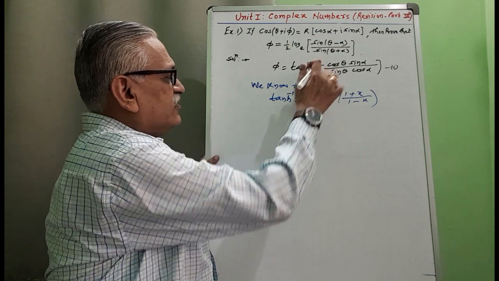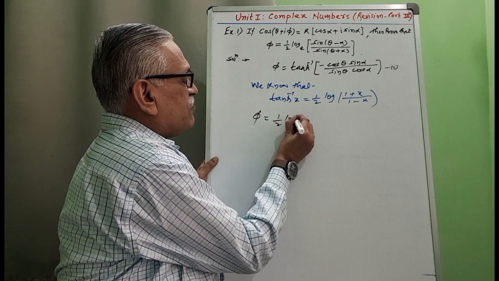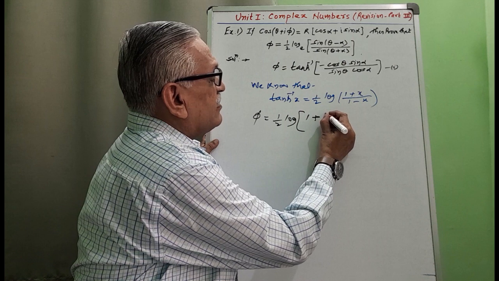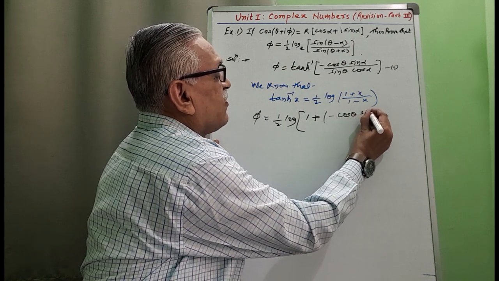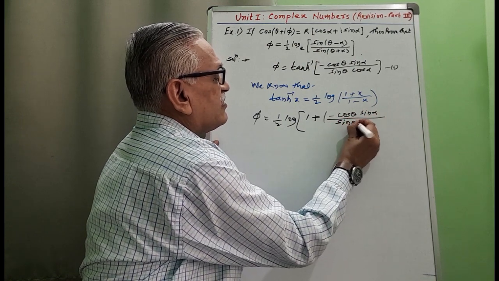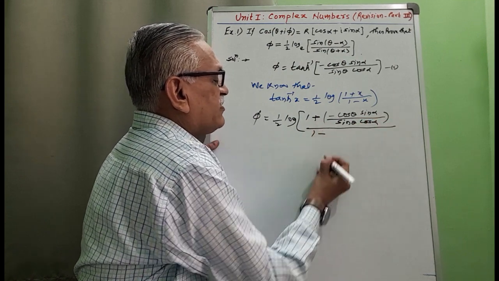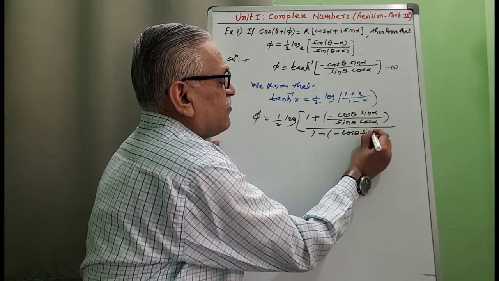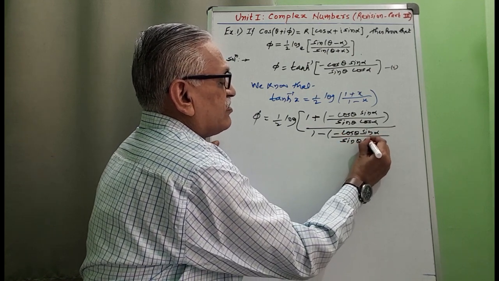And using this result, we can rewrite that phi is equal to 1 by 2 log of 1 plus x, and divided by 1 minus x, where x is minus cos theta sin alpha divided by sin theta cos alpha.